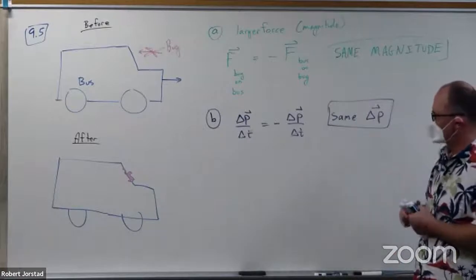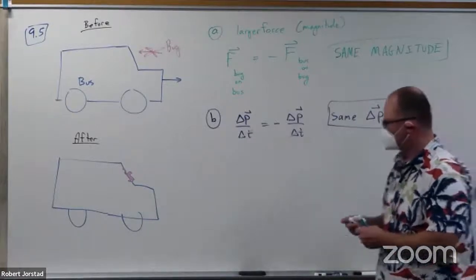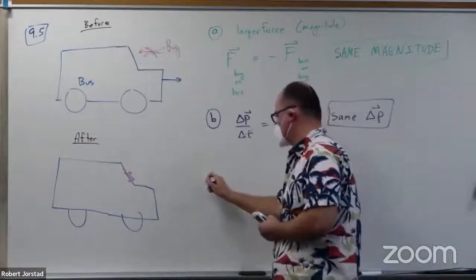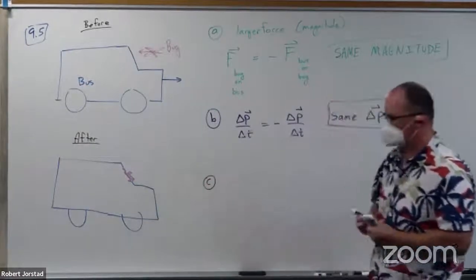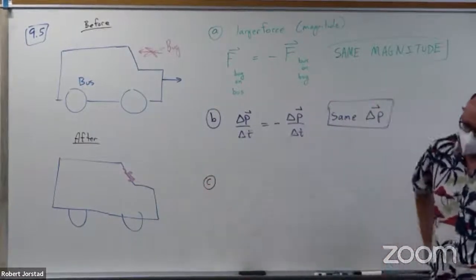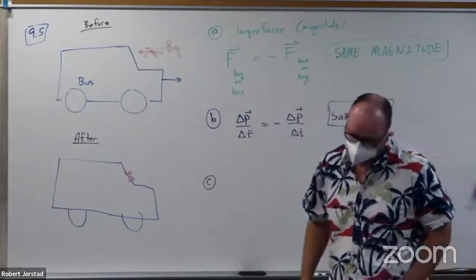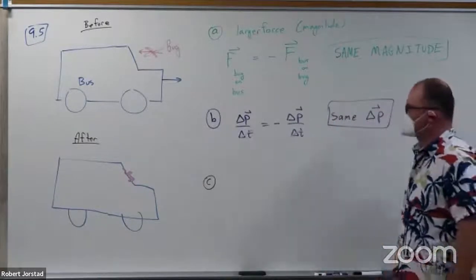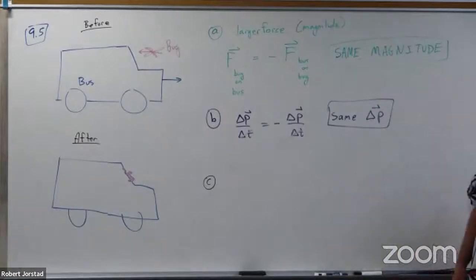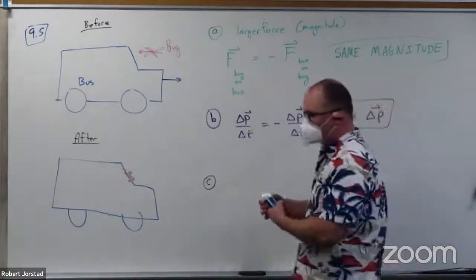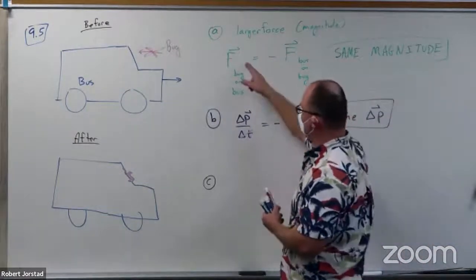Okay. Part C. What does part C say? Both objects accelerate, which acceleration has a larger magnitude? So which one has the larger acceleration? They have the same force. Let's just do this.